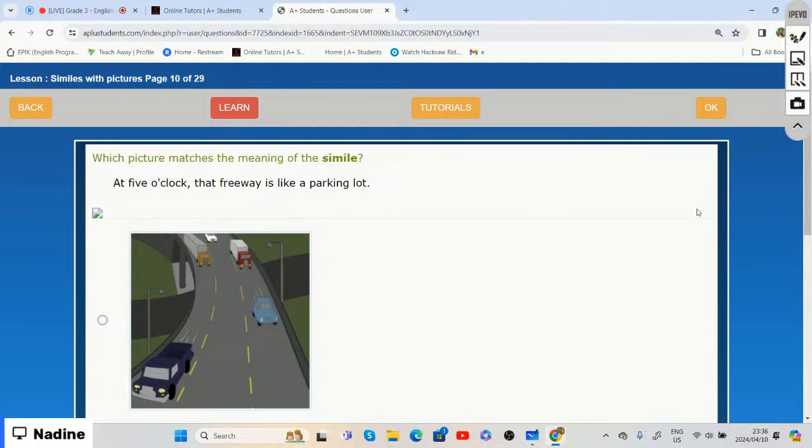So now we are comparing the freeway to a parking lot.